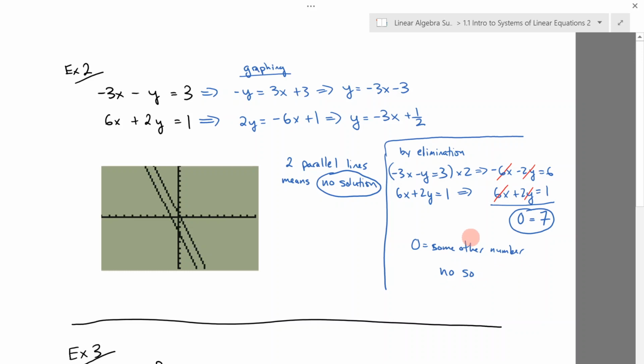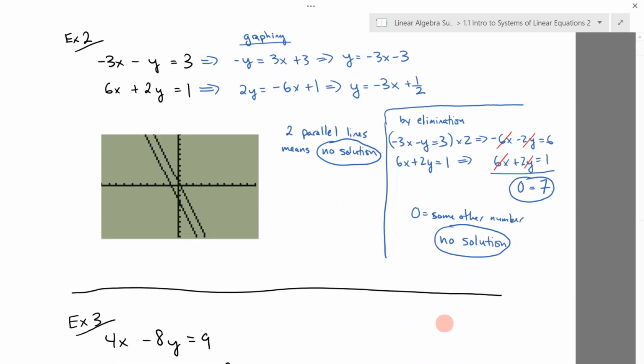Because 0 can't be equal to something else, right? That's impossible. Okay, so if you see 0 equals something else like this, that means that there's no solution.